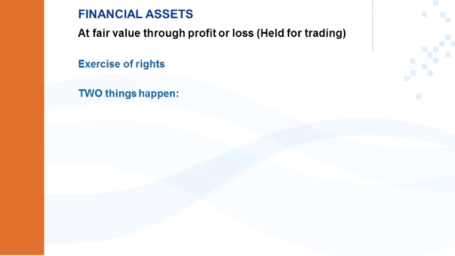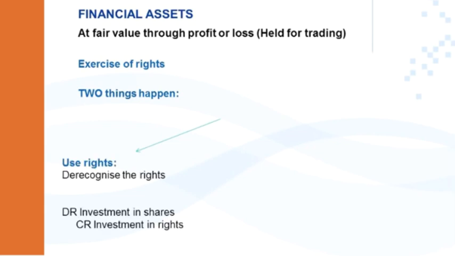What will happen when you now exercise these rights? Two things. First of all, you have to now use the right to go and buy new shares. So the first thing that happens is to derecognize the rights used. This will be through a debit to the investment in shares account and a credit to the investment in rights account.